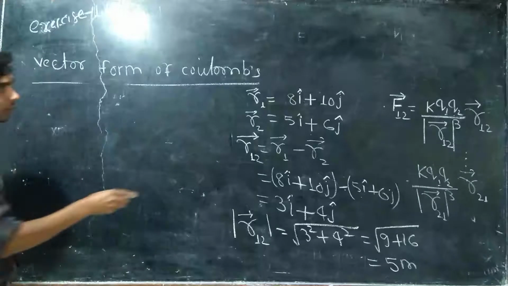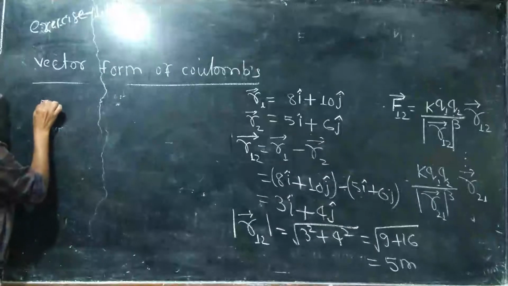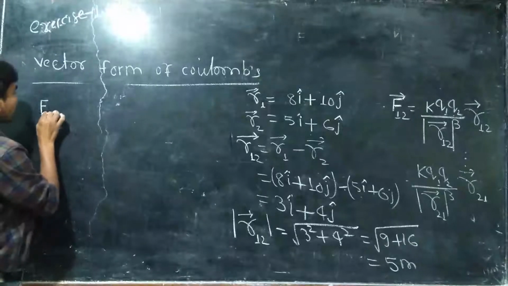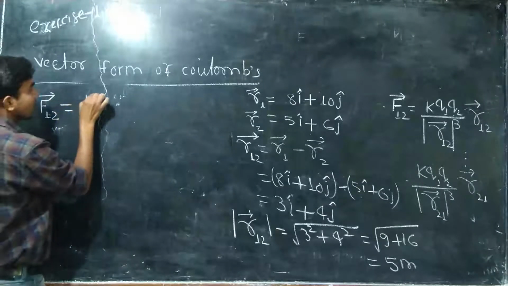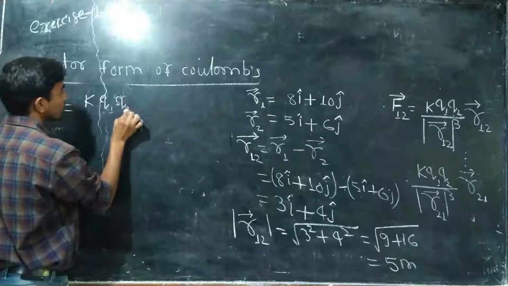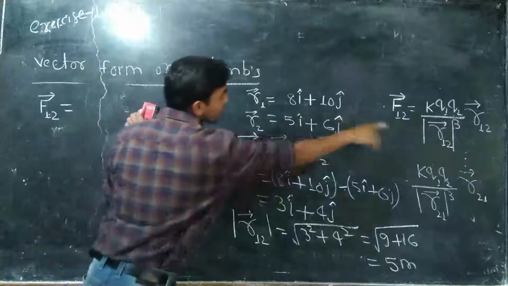First I am going to calculate this quantity. Everything is available, I just have to substitute the values. K Q1 Q2. I am not going to write the formula, as the formula is already written on that side. I am just substituting the values.